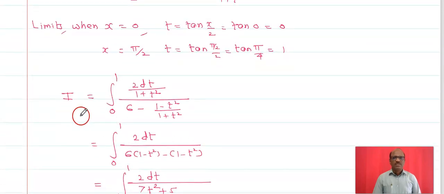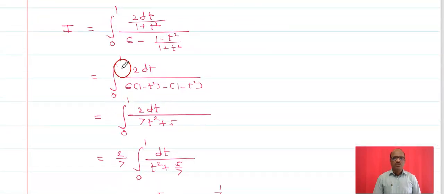And therefore I is equal to the integral from 0 to 1 of 2 dt upon 1 plus t square, upon 6 minus 1 minus t square upon 1 plus t square. Now we will evaluate this, that is the integral from 0 to 1 of 2 dt upon 6 in bracket 1 plus t square minus in bracket 1 minus t square.